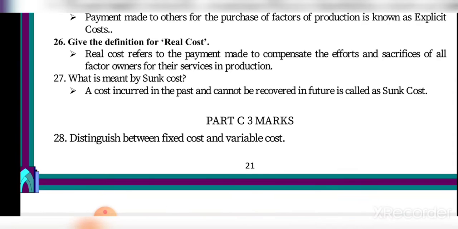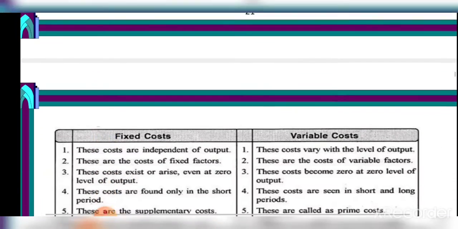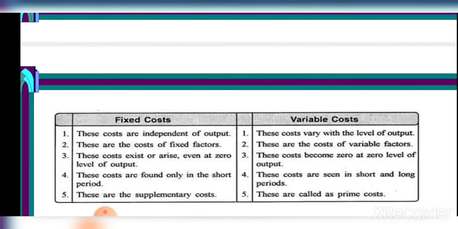Next one, distinguish between fixed and variable cost. So fixed cost we will see first. The costs are independent of output. These are the costs of fixed factors, that is land, labor and capital. These costs exist or arise even at zero level of output.